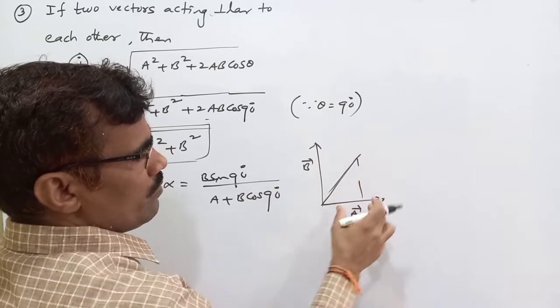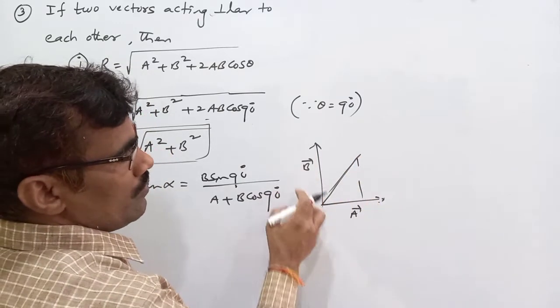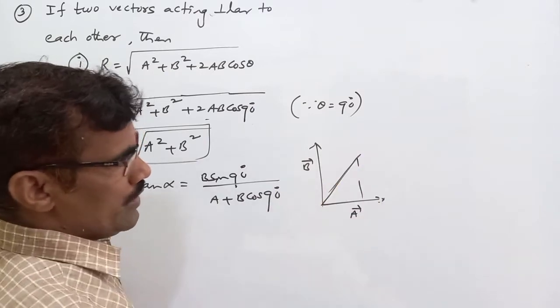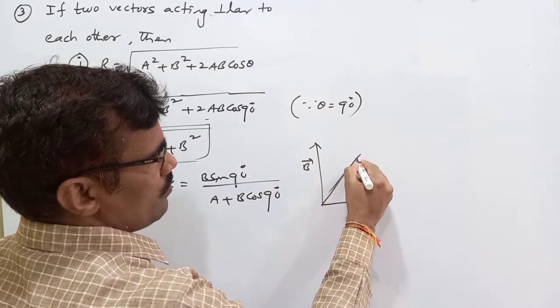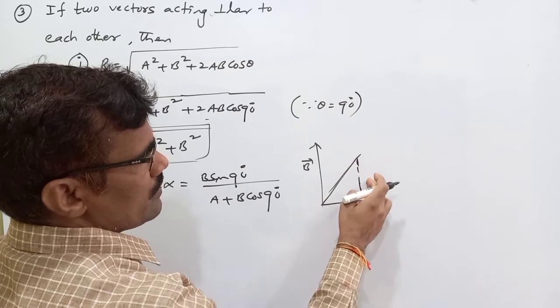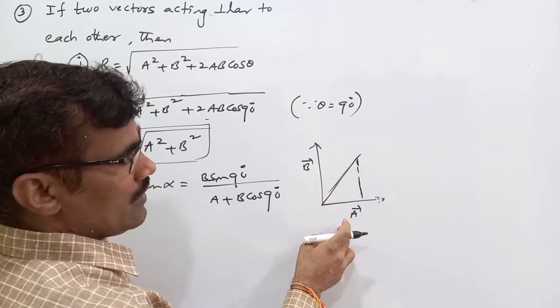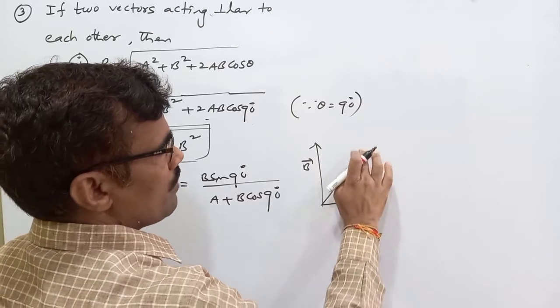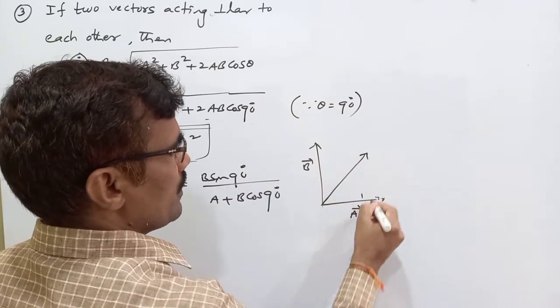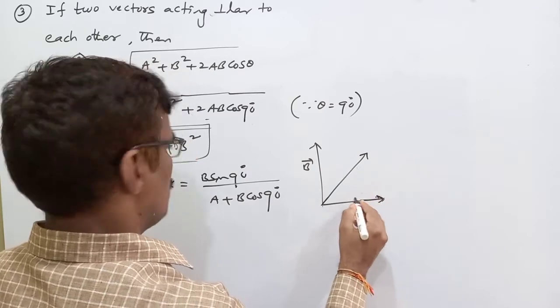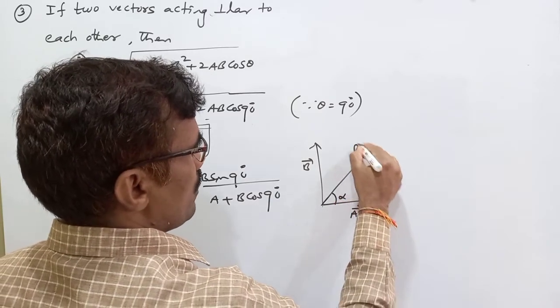So y component by x component. The y component is the magnitude of b vector, and the x component is the magnitude of a vector, because here both are perpendicular to each other. This is the alpha, this is the r bar.